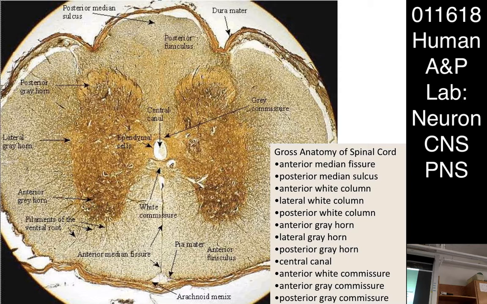Okay. So the gray matter is this darkly staining stuff right here. Within the gray matter, there are three horns. There are gray horns: a posterior gray horn, a lateral gray horn, and an anterior gray horn.